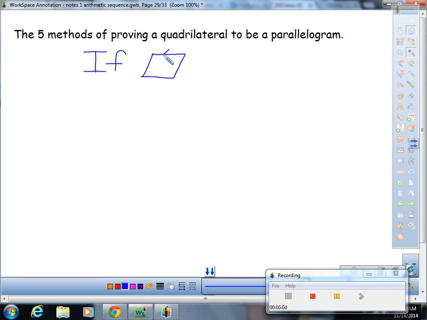If opposite sides are parallel of a quadrilateral, then that shape is a parallelogram. Okay? We're going to have 5 of these. Who can give me the next one? Or a next one? There's no order.